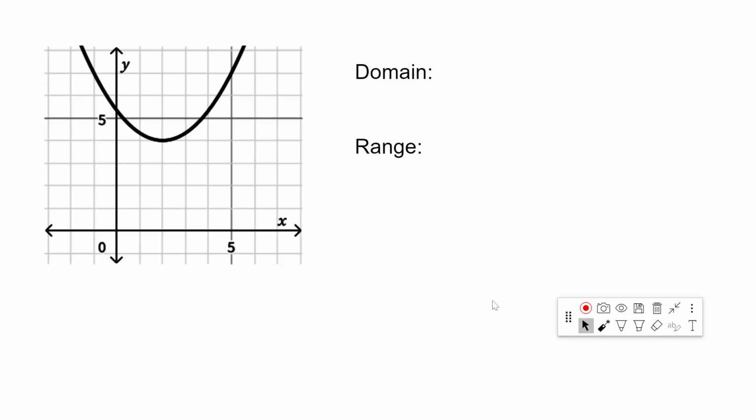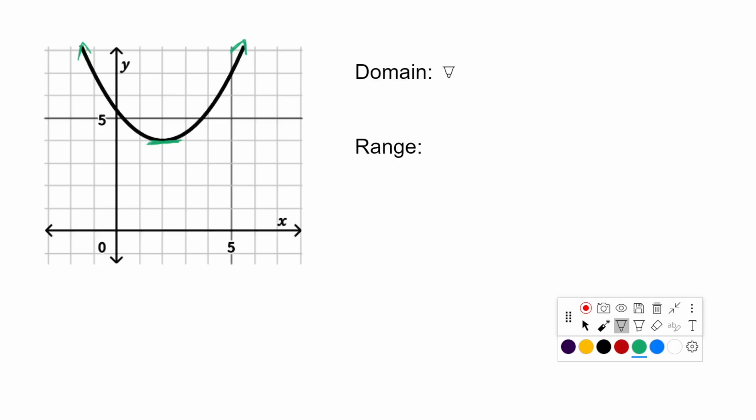My next graph is another parabola, but this parabola has a minimum value, not a maximum value. My graph is continuing upward, and as it goes up, it's going to get wider.